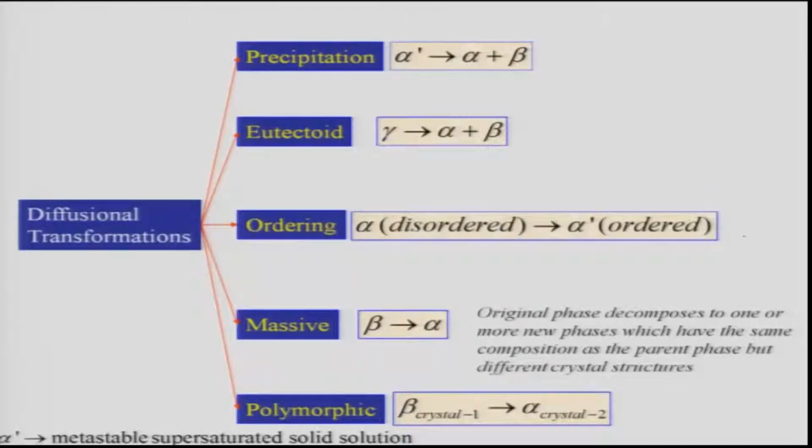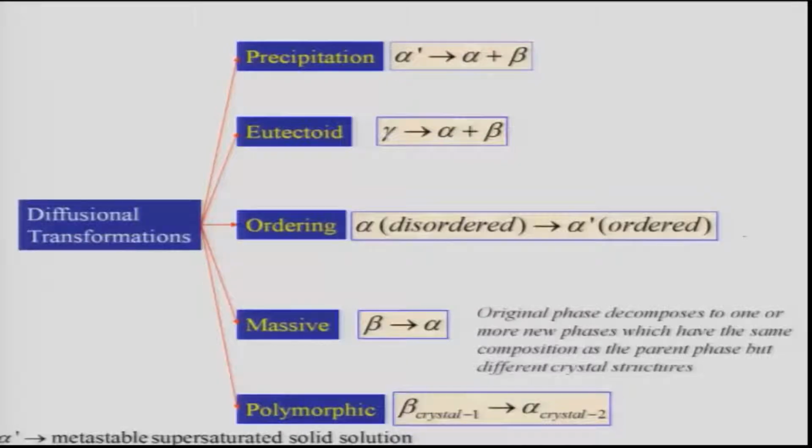As you know, there are many diffusional solid to solid transformations. I am going to talk about a few of them in this course, but I must tell you that most of them are present in the literature. The first one written here is the precipitation type.